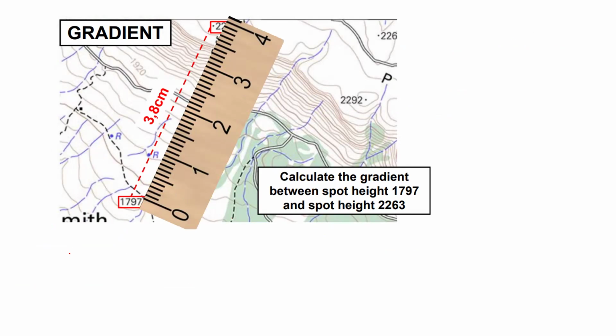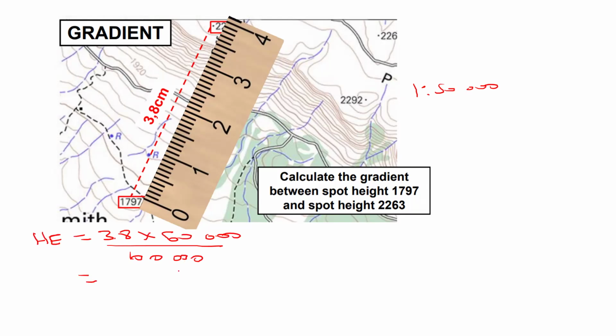If I need my horizontal distance, I say the distance on the map multiplied by my scale. Let's use 1 is to 50,000, and then divided by 100,000.